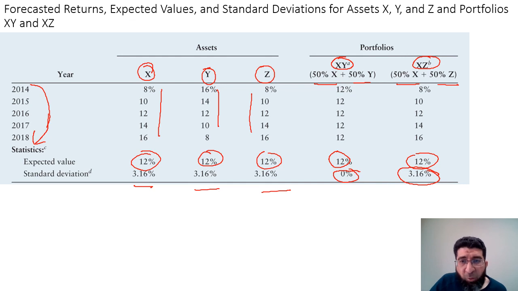Obviously, now we have more information to make our choice. Hence, XY will be preferred over XZ, because XY does not have any risk, while XZ has 3.16% risk for the same level of return that both portfolios offer.